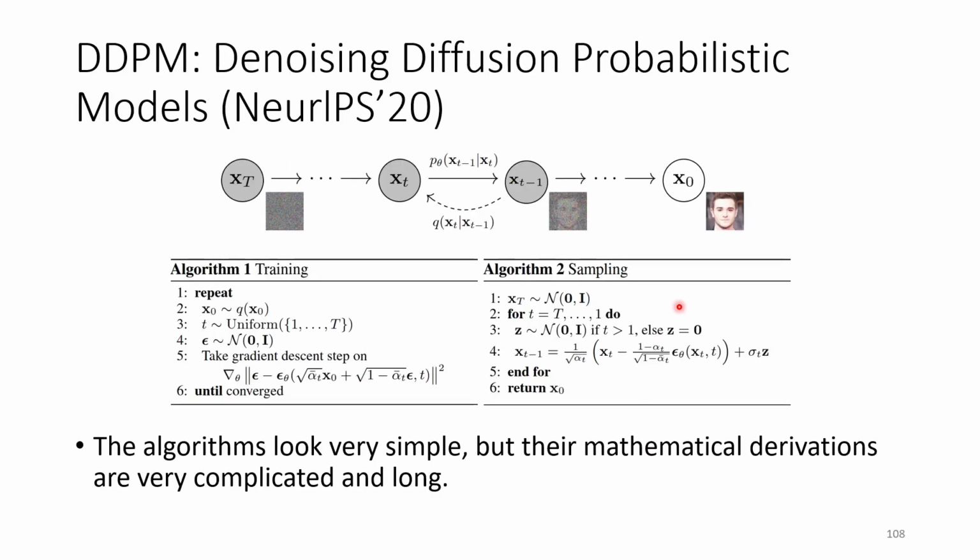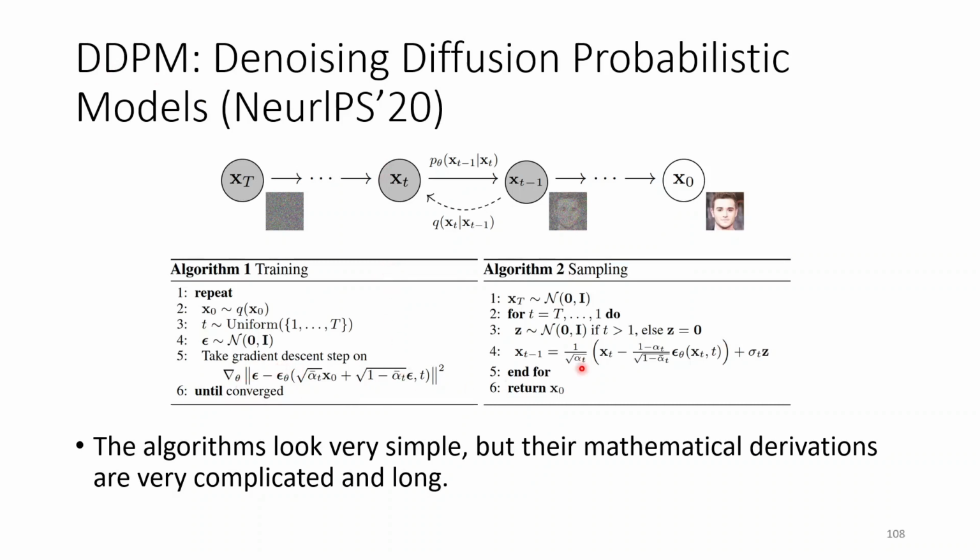Okay, then 3 years ago, or 2 years ago, there's an important paper called DDPM. It proposed a very simple, straightforward method to model the diffusion model.